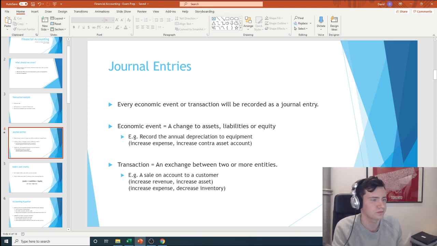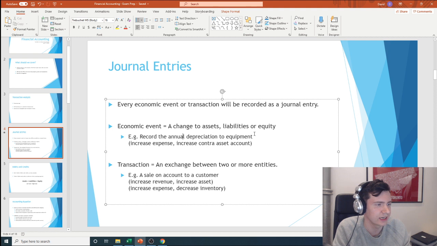There it is. An economic event is going to be a change to the assets, liabilities, or equity. One instance of this is recording depreciation on equipment. Transactions occur between two or more entities. That's also another type of journal entry we will do.